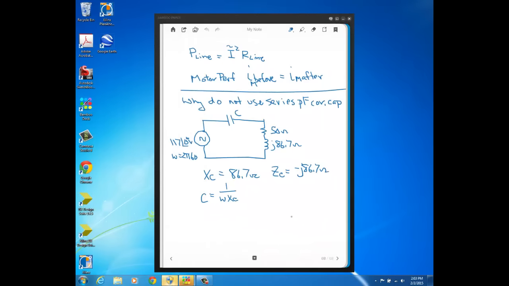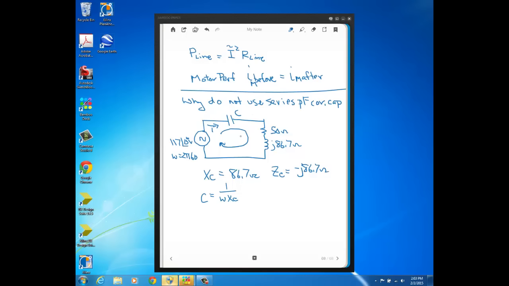Alright, but this is why you don't correct the power factor with a series capacitor, because when the capacitor and inductor reactances cancel out, we'll look at what current's going to flow in the line here. Remember, this is the line current right here between the source and where the capacitor and the motor are.